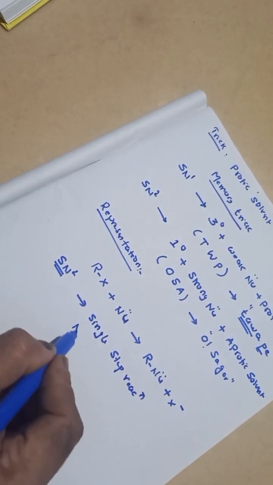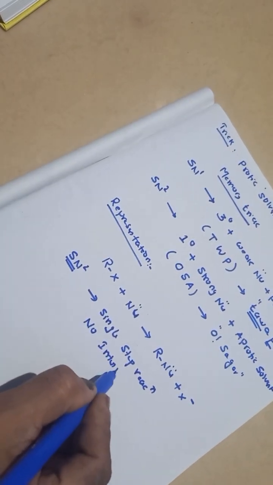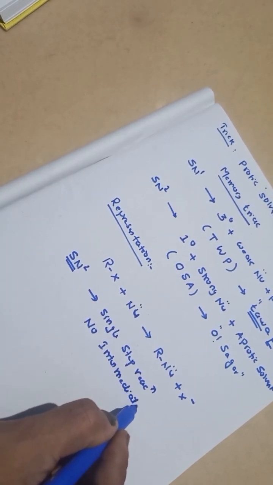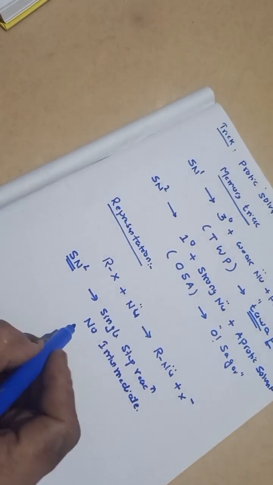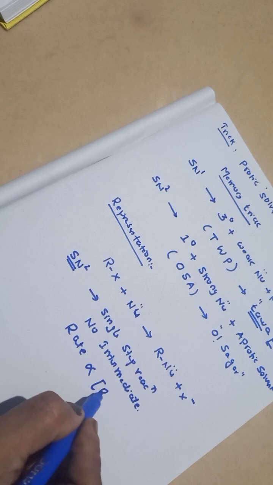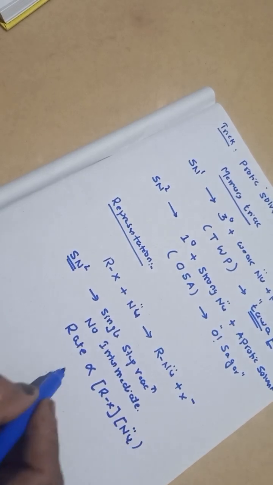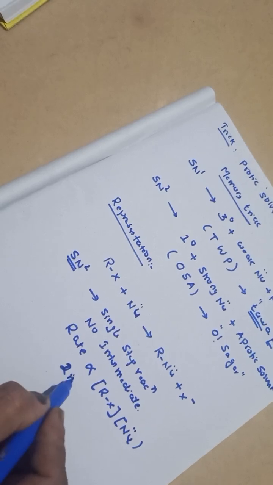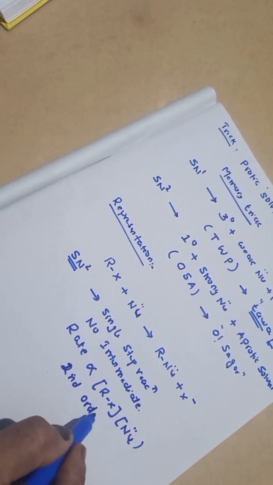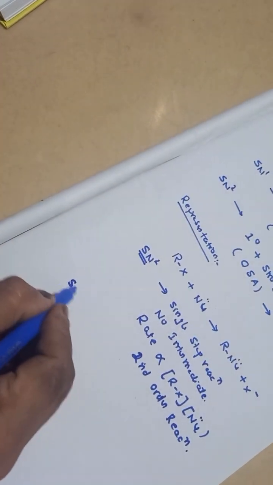No intermediate. Rate is proportional to RX, and this is a second order reaction. Clear, students?